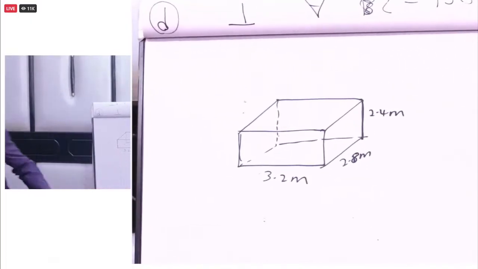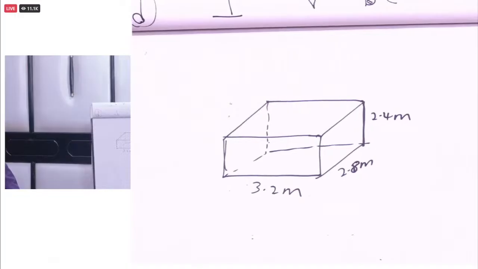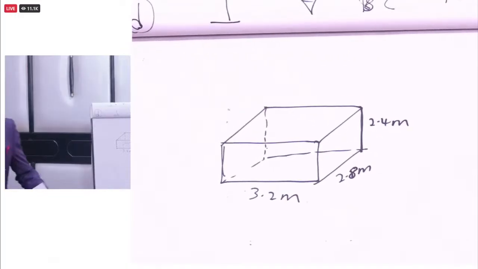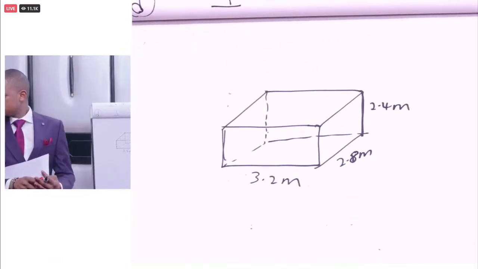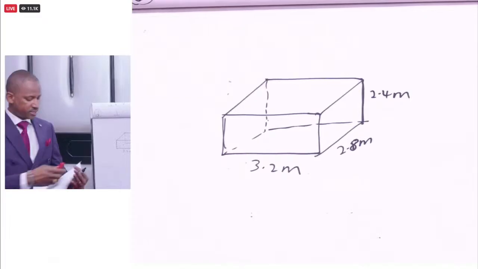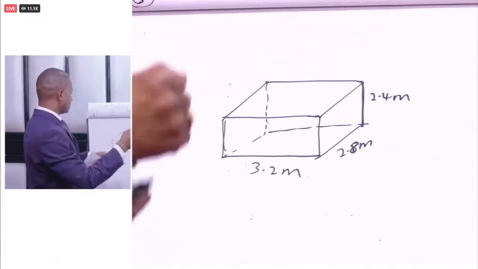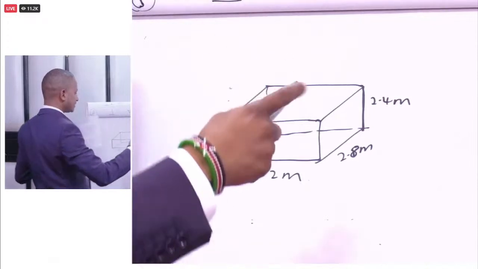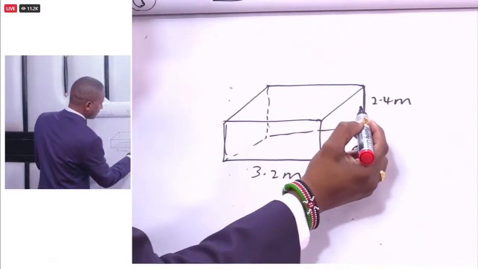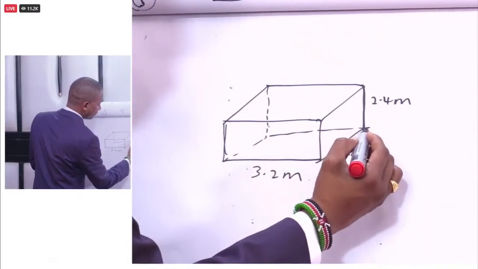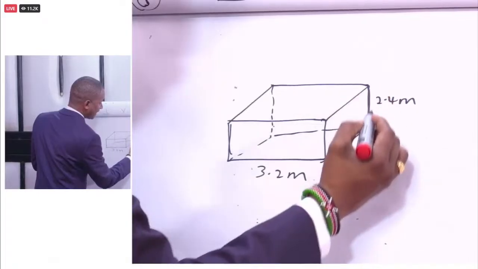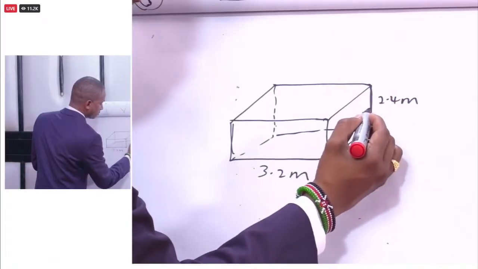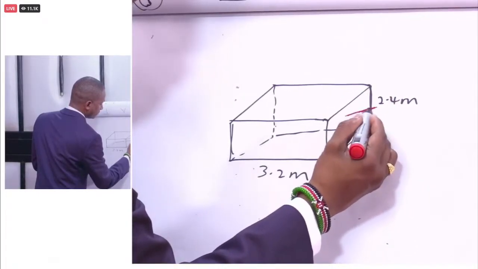So let me change the pen. I want red. So it contains water up to 1.8 meters. If this is 2.4, the height, then it contains water up to that level.